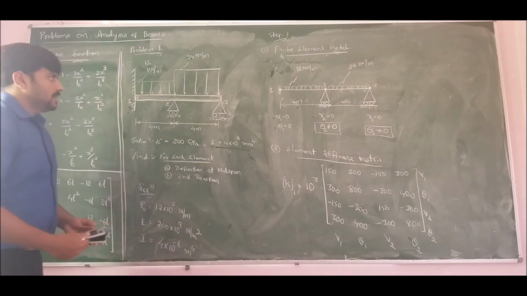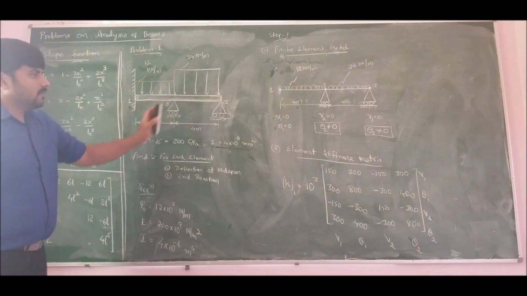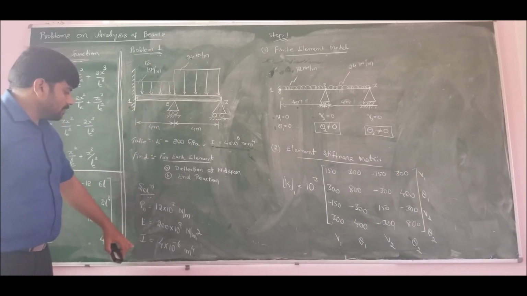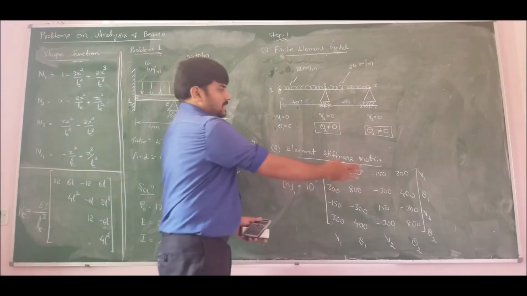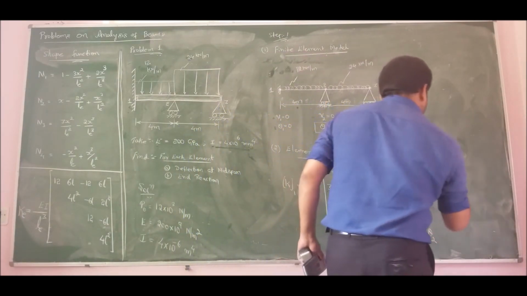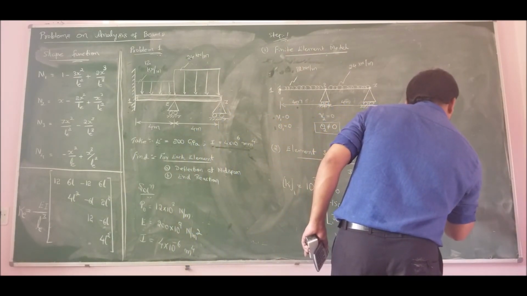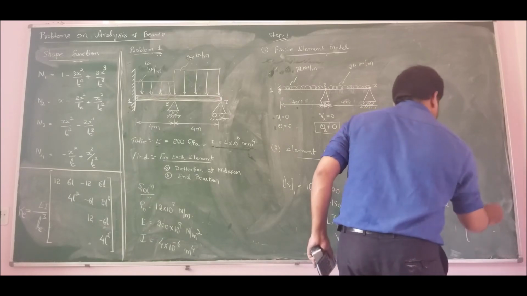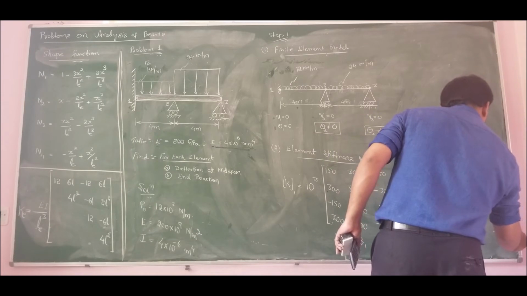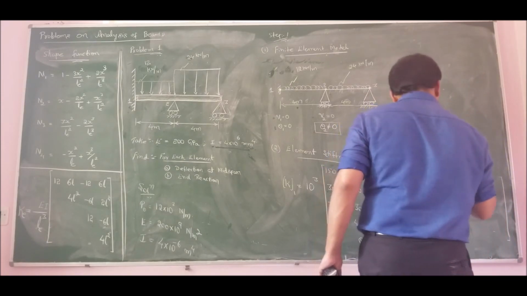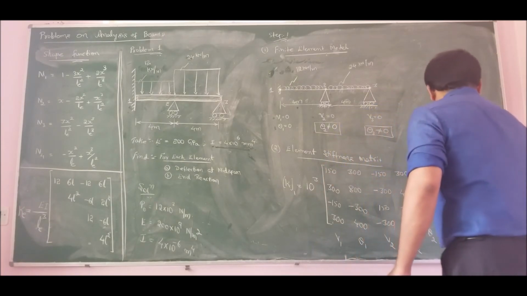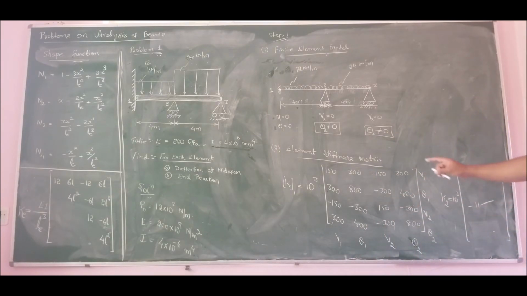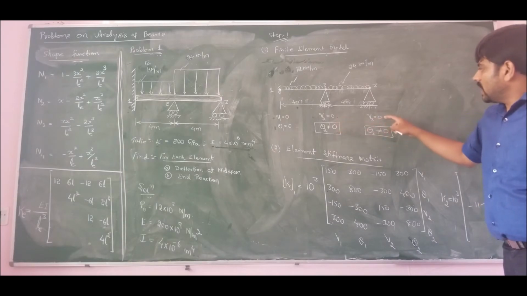If you observe the problem, the values remain the same for element 2 also. For element 2 also, length is 4, E is the same and I is the same. Therefore the stiffness matrix remains the same for element 2. So for element 2 I will get 10 to the power of 3 multiplied by the same values, but the nodal variables for this are V2, theta 2 and V3, theta 3.